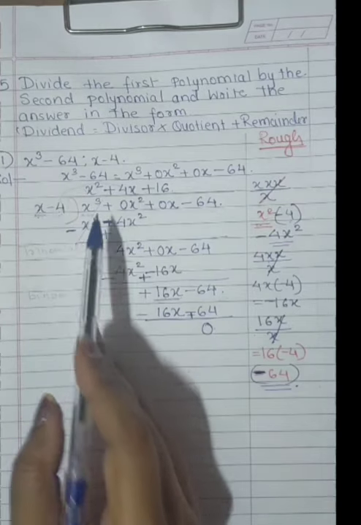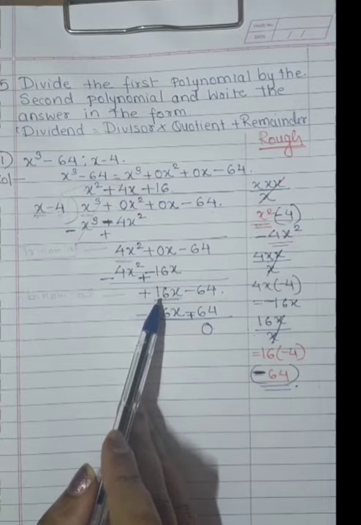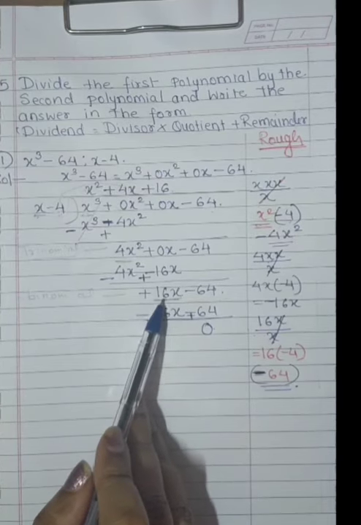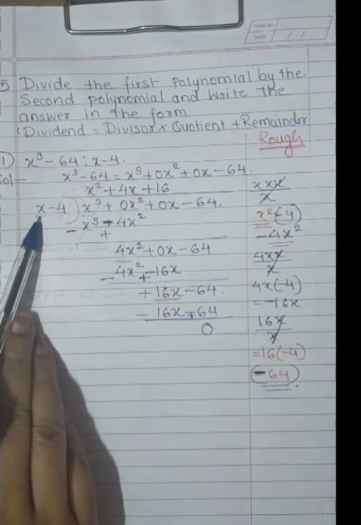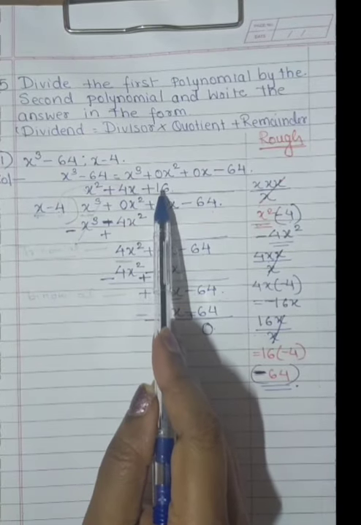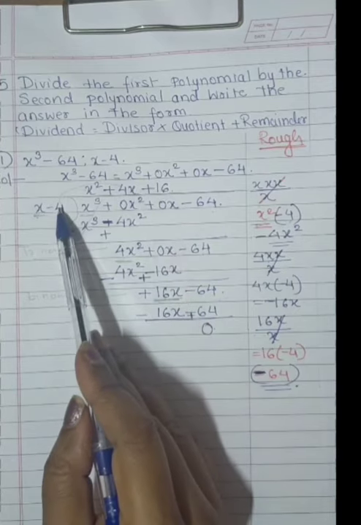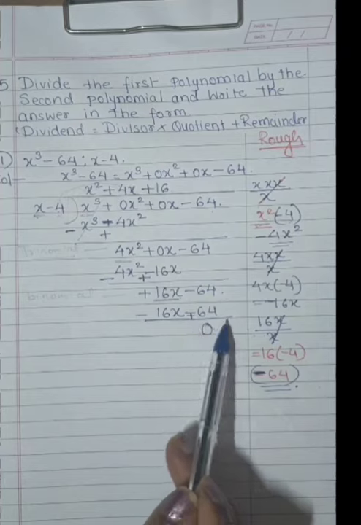Okay, I hope you are understanding. In the third step 16x we got, then after 16x we got, we divide first with x, and whatever answer we got here as a quotient, then we multiply this with 4, then we get 64.